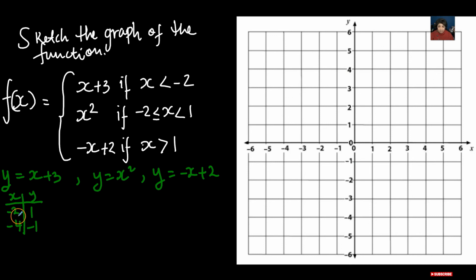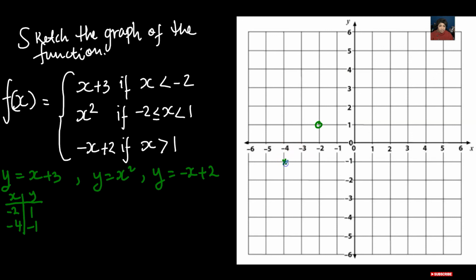So when x is -2, y is 1. Now we don't have an equal sign on our inequality, so we need to draw an empty circle at that point. So x equals -2 is up here, y is 1. I'm going to draw that circle there. Again, x is -4, y is -1. So -4 and -1 is there.